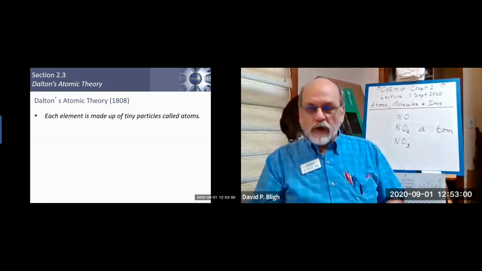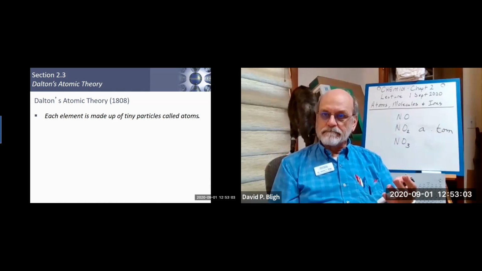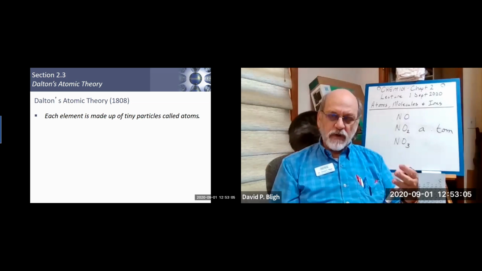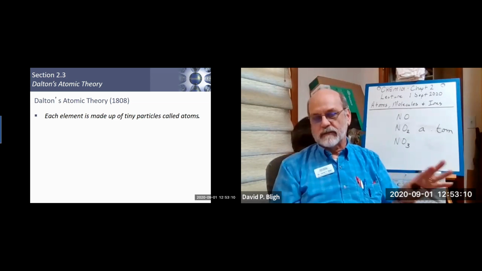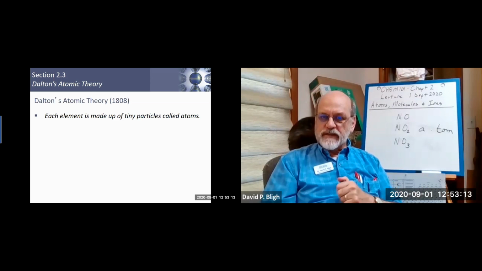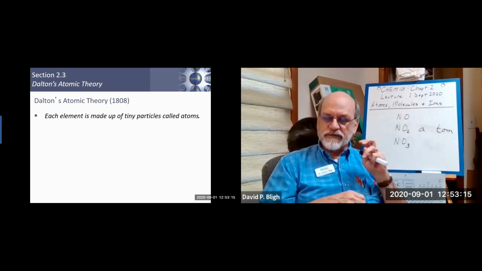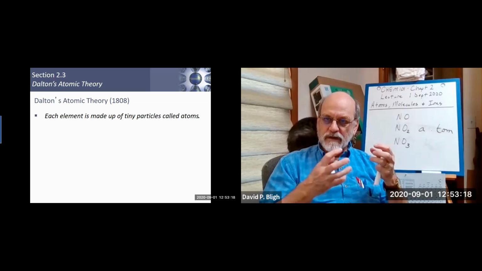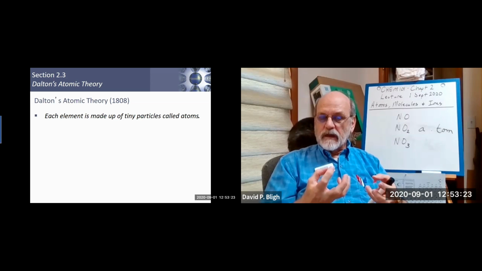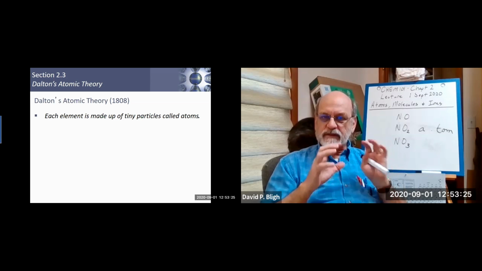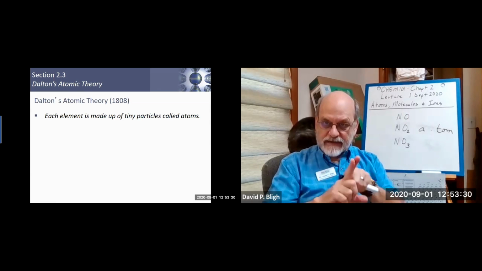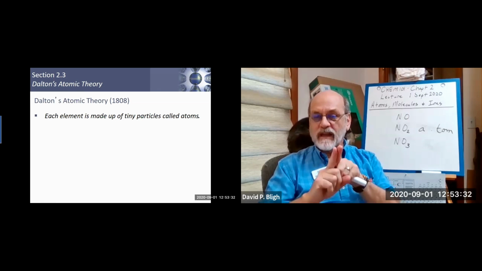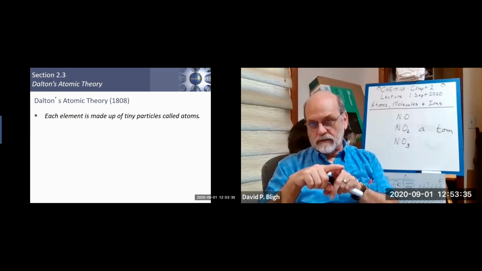So Dalton borrowed that idea, but he took it one step further because the Greeks thought that all atoms were alike. Every atom was the same as every other atom. But Dalton realized that in order for his theory to be useful, he modified it a little bit and said that each atom of every element is identical. So within the element, all the atoms are the same.